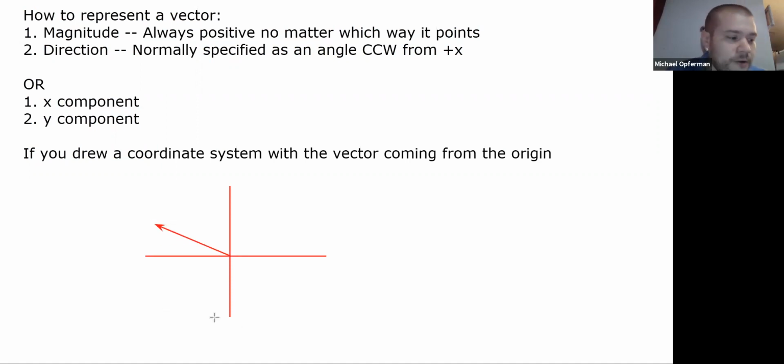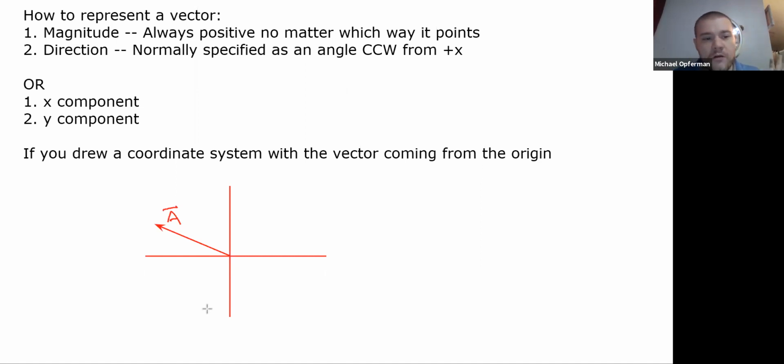Okay, so there's a vector. Let's call it vector A. So you draw a coordinate system with the vector coming from the origin. We already talked about how the magnitude and direction of that vector work: the magnitude would be the length of the arrow, and the direction would be that angle that it makes with the axes.